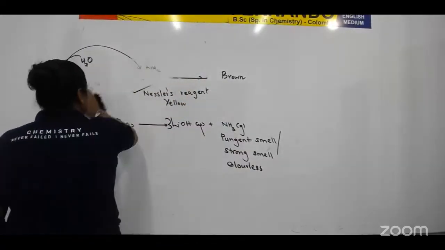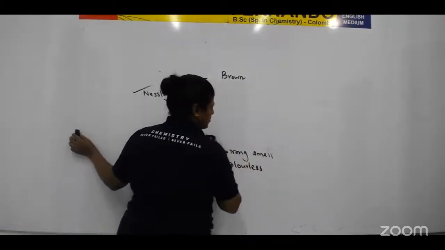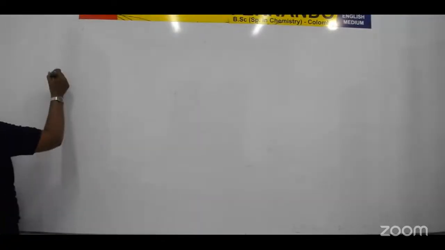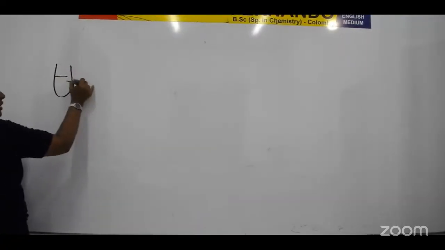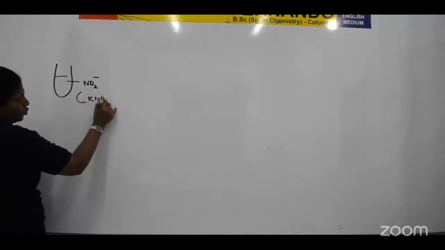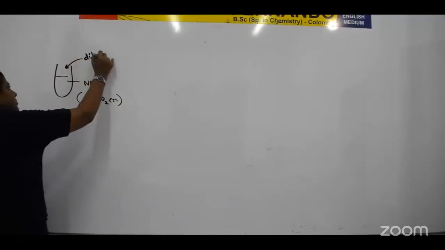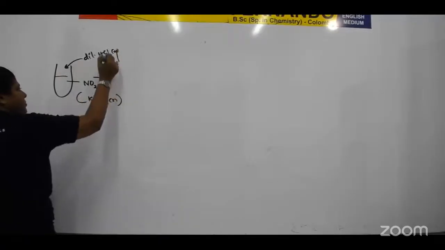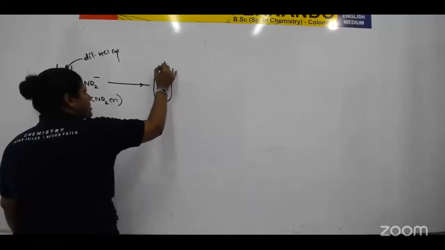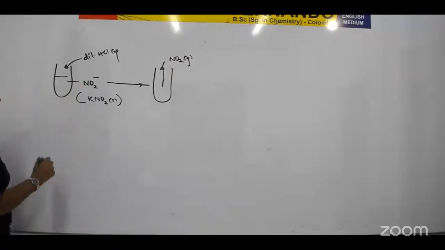Here we have NO2 minus. We can take KNO2. With dilute acid, observation: brown color gas evolved. That is NO2 gas.